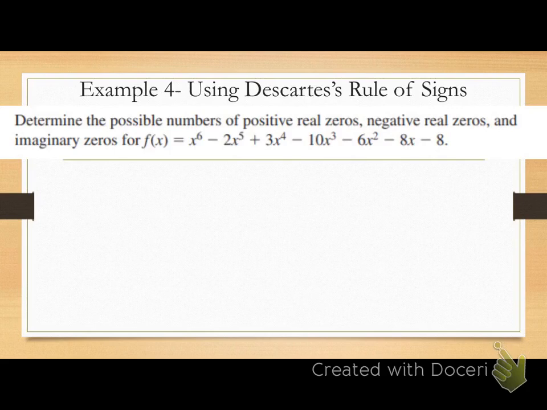So I'm going to create my chart. Positive real zeros. Negative real zeros.